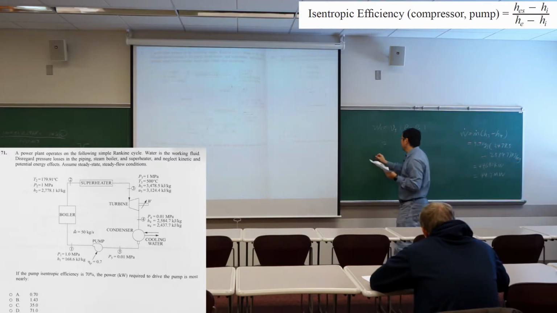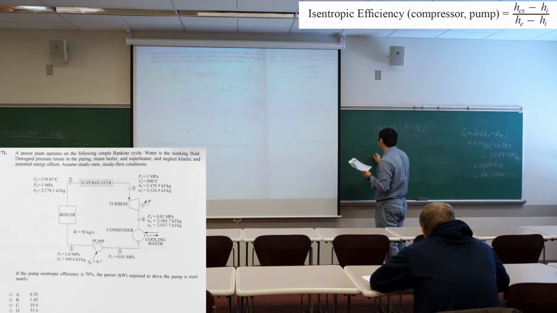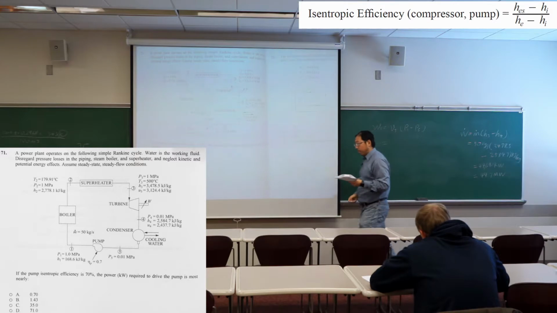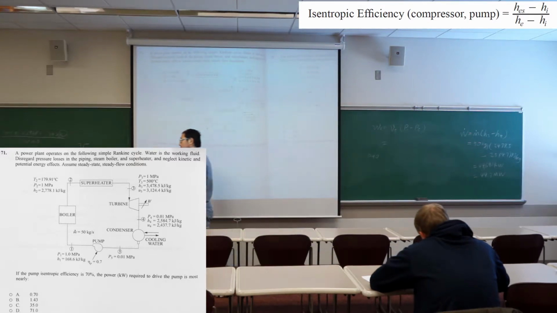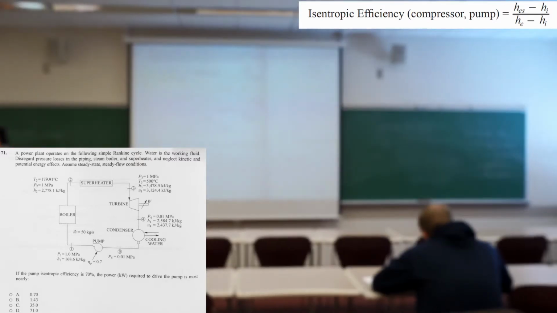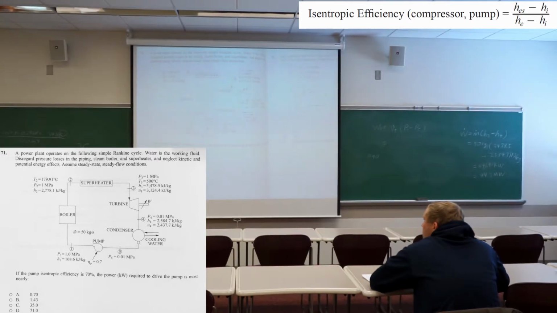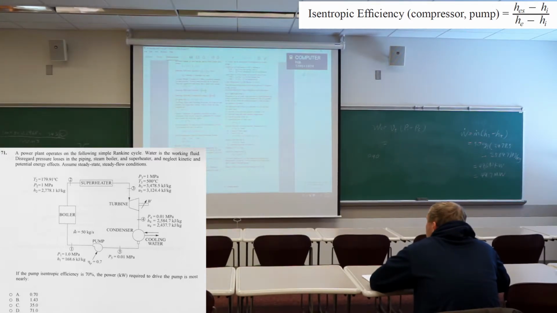So you need to go to a property table, which is at page 90. First, underneath this isentropic efficiency for a pump, it says how to calculate the work required for a pump.